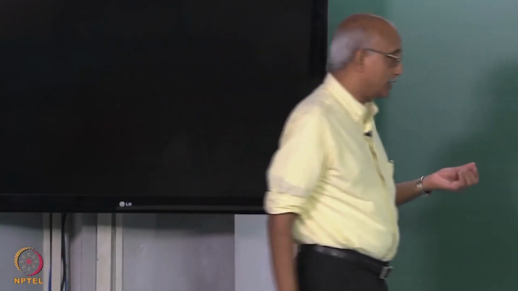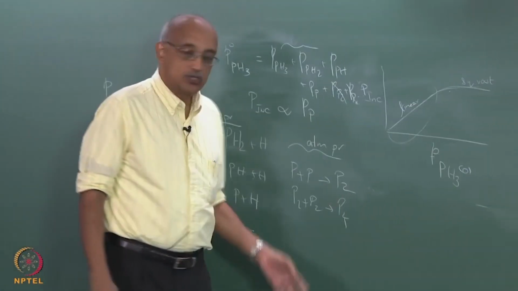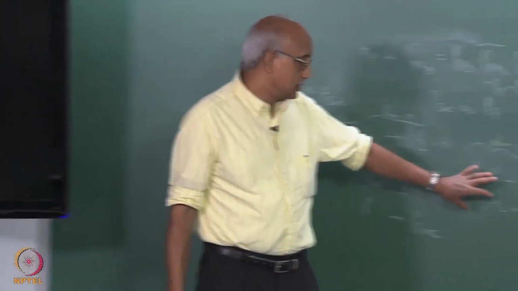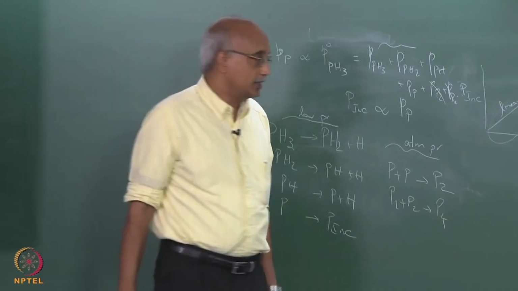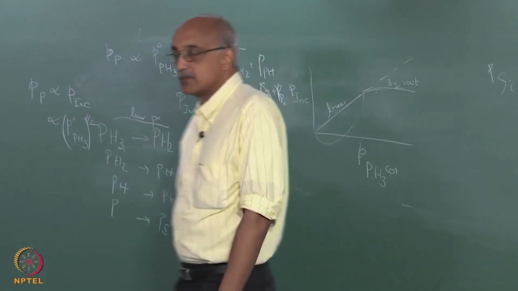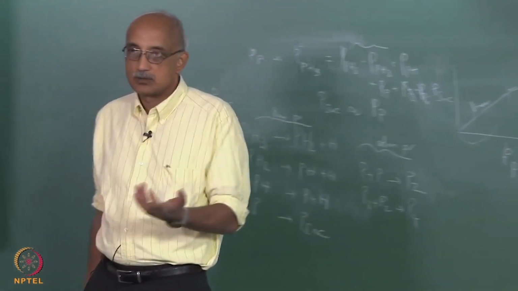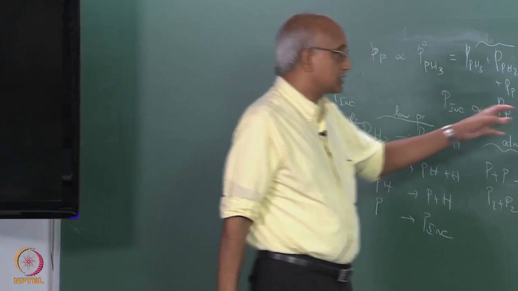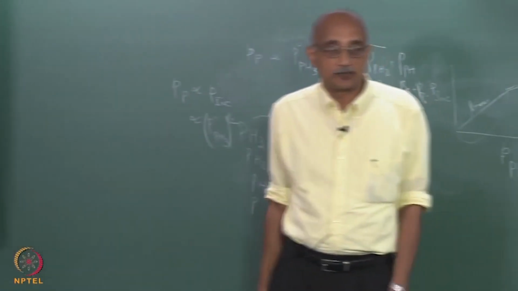If your thermodynamic database, for example, does not have data on P2 and P4 and so on, you may never capture this effect. So, your prediction would still be saying that it will be going like this, but I am sure when you measure the actual dopant level in the film, you will see this leveling off effect and you will never know why.